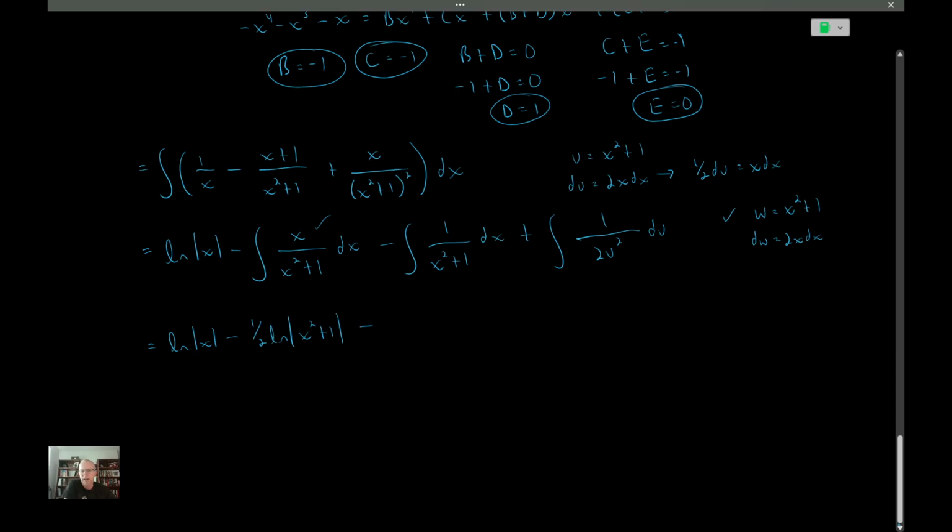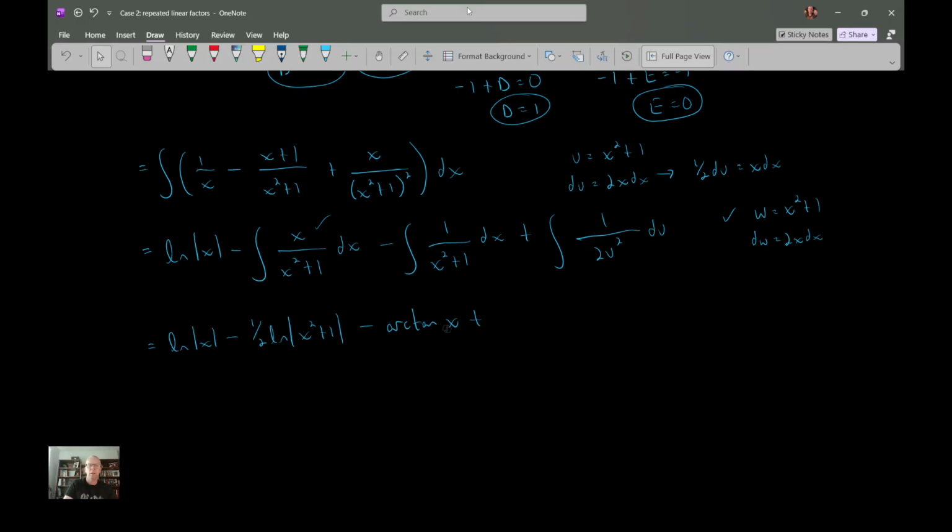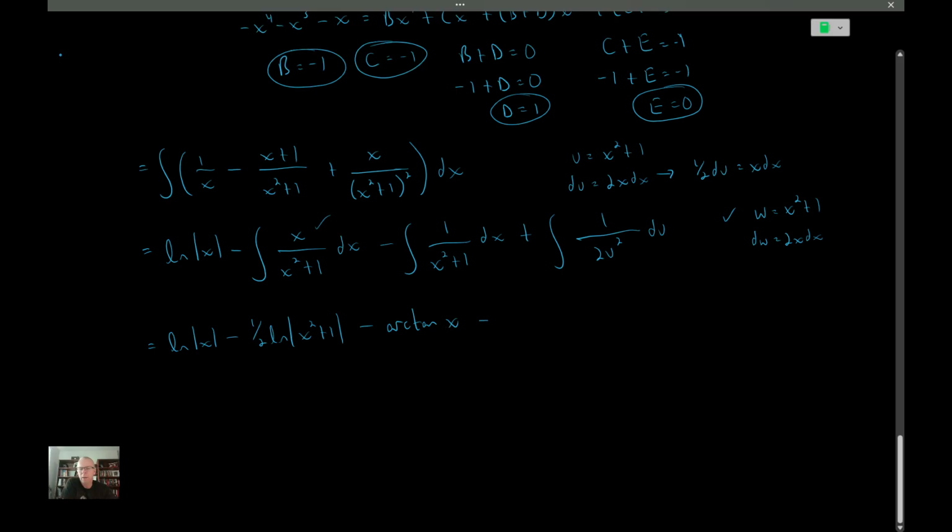All right, minus this one. Now this is just arctangent of x. That one is pretty straightforward. And then this one will turn into a minus 1 over 2u, which is x squared plus 1, plus c. And there we go.